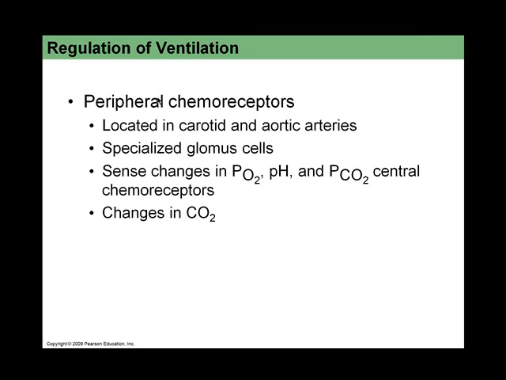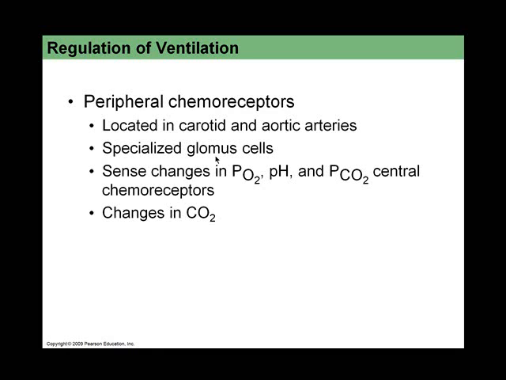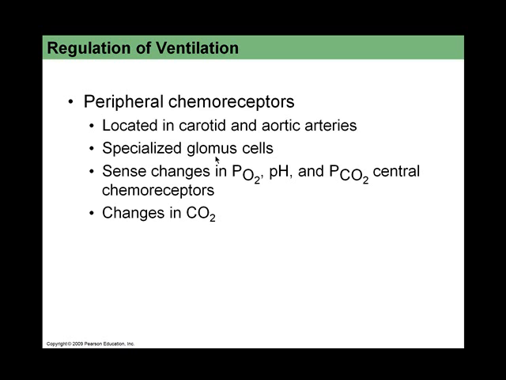The regulation of ventilation continuing then, the peripheral chemoreceptors are located in the carotid and aortic arteries, as we said, and they're specialized glomus cells, so sometimes they're collected into little bodies. The carotid body is a distinctive one that is present in nearly every single instance that some anatomical studies were performed to go and find it.